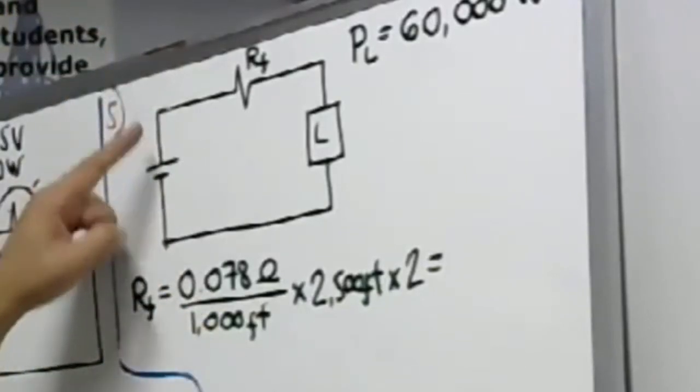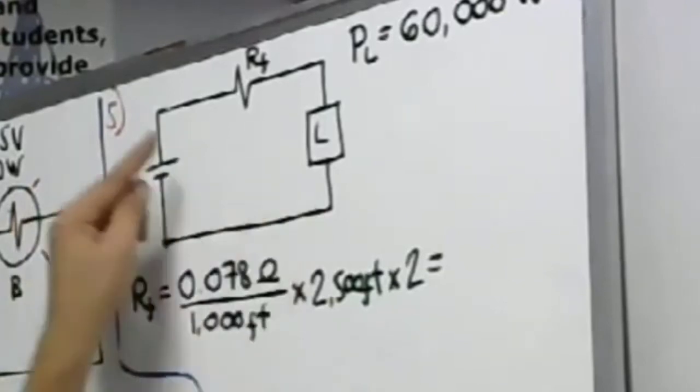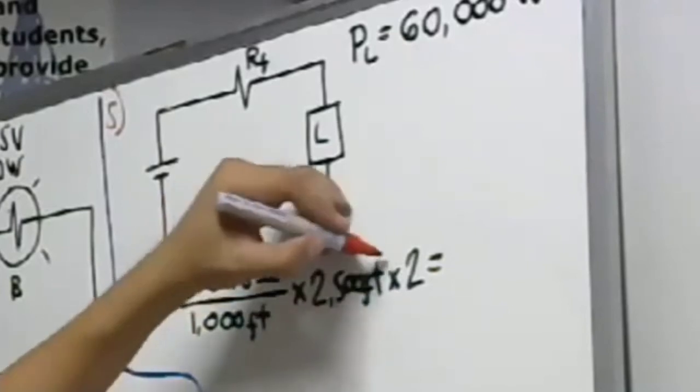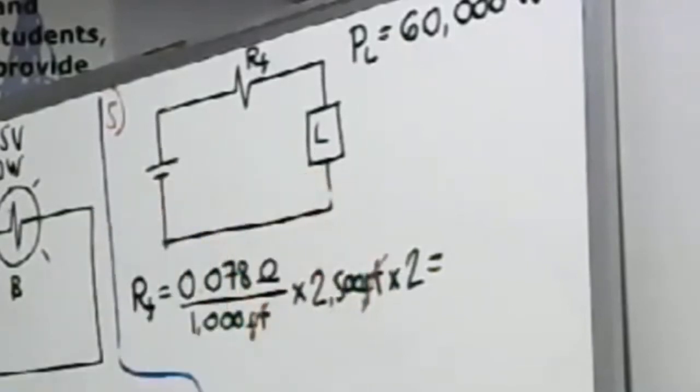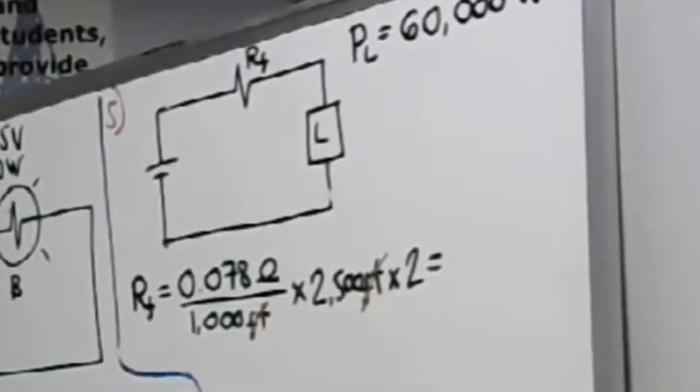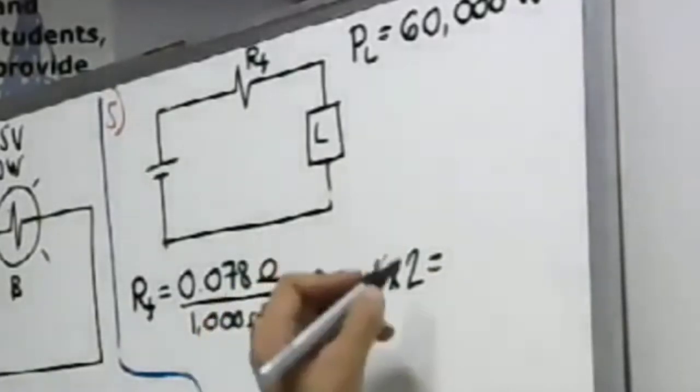Let us cancel first our feet, what will be left is the ohm. So 0.078 times 2,500 times 2, then divided by 1,000. Our value is 0.39 ohm.